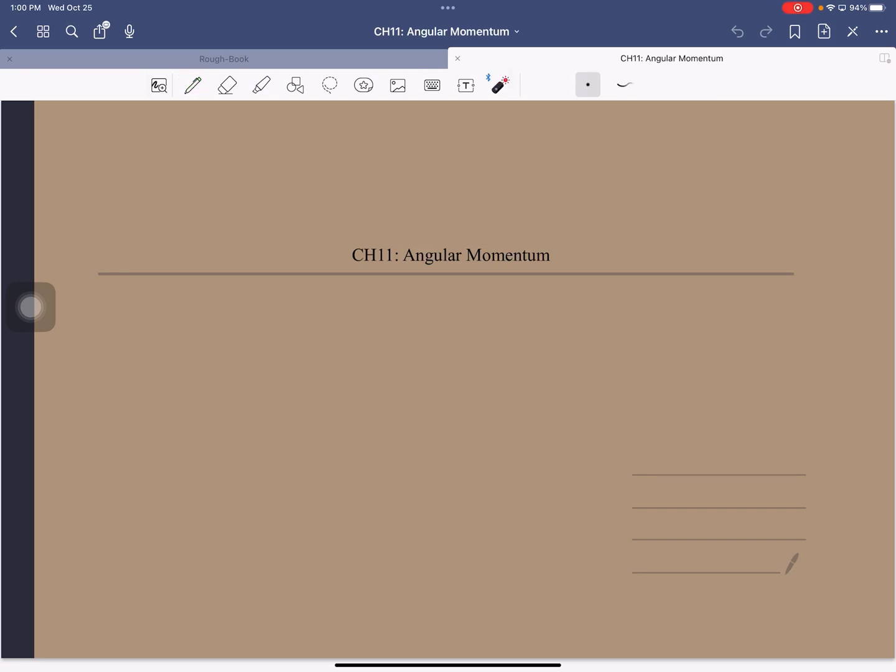Okay, so today in this chapter we'll define a quantity called angular momentum, and we'll show you Newton's second law for rotational motion. So this was linear momentum, which was a vector, and this was Newton's second law in terms of momentum.